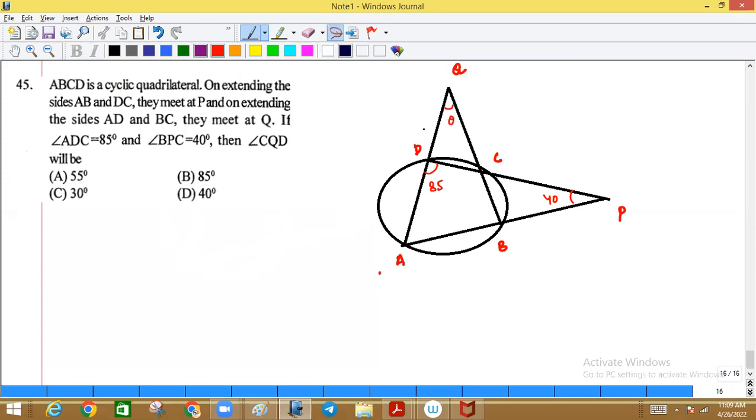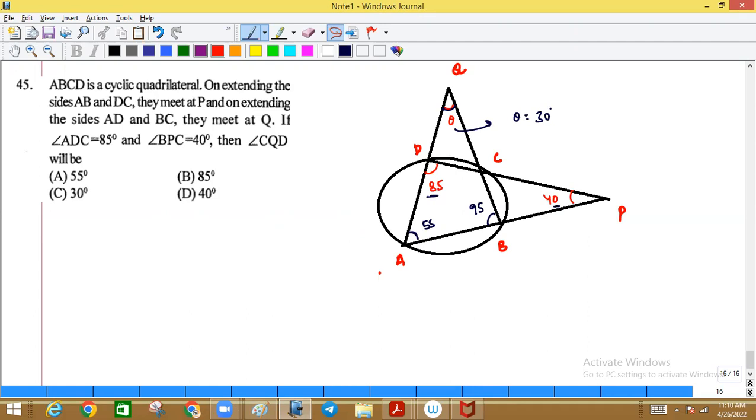If it is 85, can you tell me what this is? 95. If it is 85 and 40, then what about this? It forms a triangle, so 125 means the rest of the angle is 55. 55 plus 95 is 150. Therefore, theta is equal to 30.